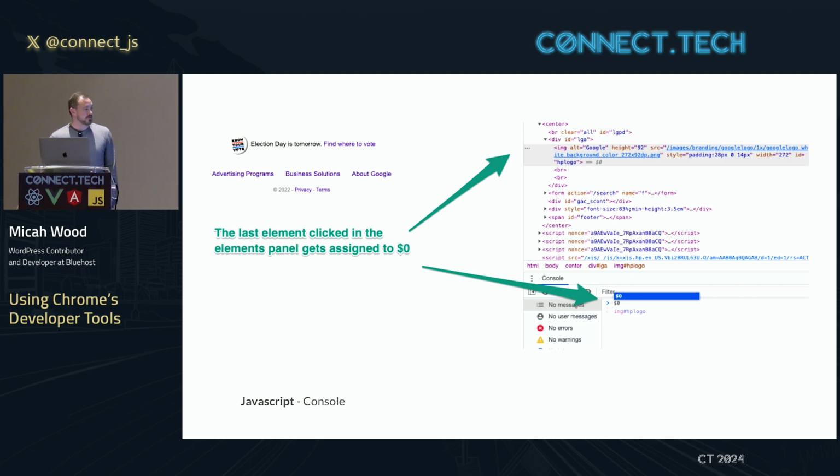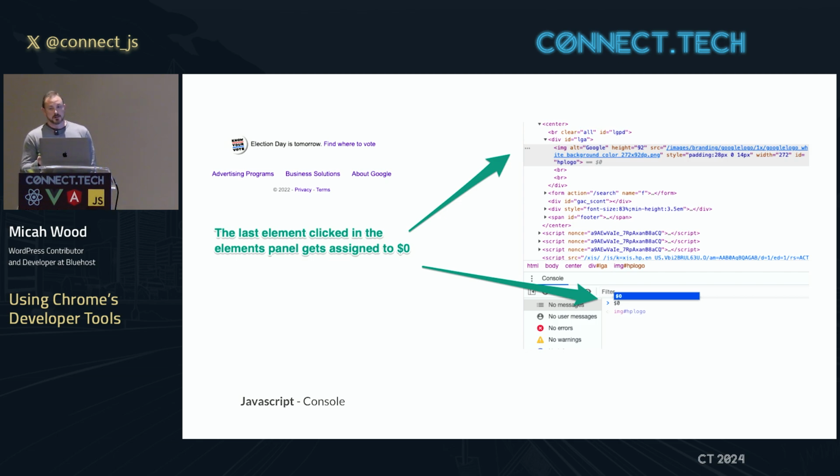Another trick here with the JavaScript console is, a lot of times you want to just run a little test, maybe a little code snippet you want to try in the console to see if something's going to work before you throw it in your actual JavaScript. So you can click on an element, and any element you click on, you have to click on the HTML portion over there. But if you click on it, the Chrome browser will automatically assign that to $0.